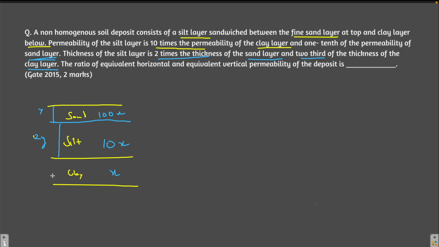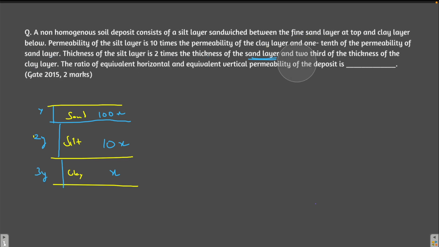So the silt layer is 2 by 3 times the clay layer, right? So 2y is equal to 2 by 3 times the clay layer. Then what is the height of the clay layer? It will be simply 3y, isn't it? So this is 3y now.